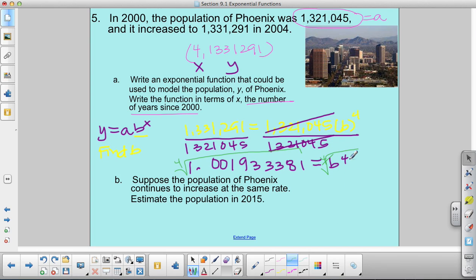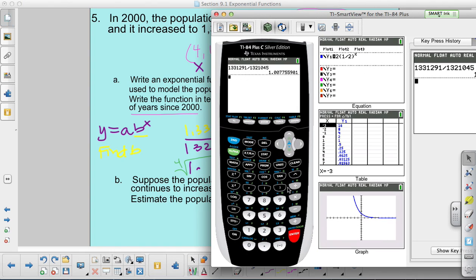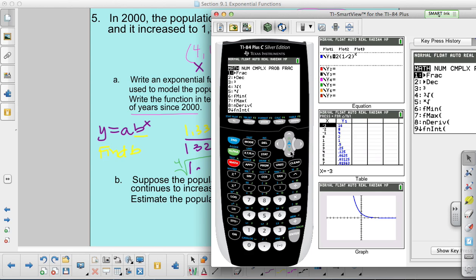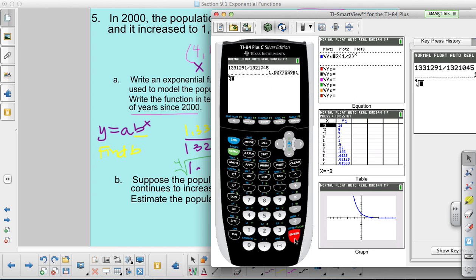So my 4th root and my 4 will cancel out. On my calculator, B will be approximately, and I want you to use the most exact value on your calculator. So you're going to do the 4th root. If you have a calculator like this, you go 4, math, and then down to number 5. See how it has the X root? There it has the 4th root. You arrow up, or retype it in.